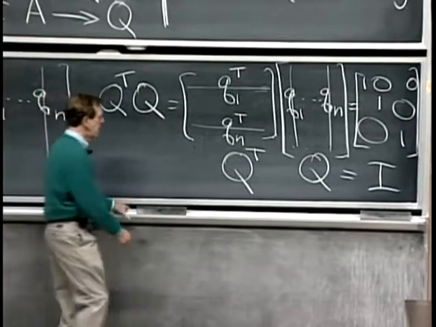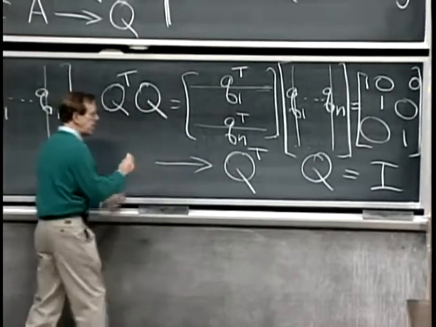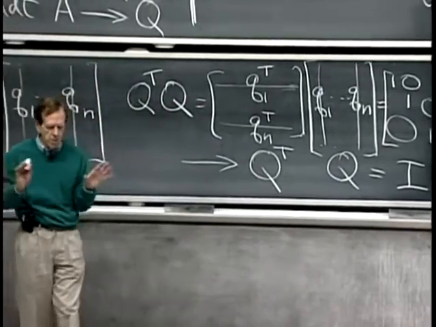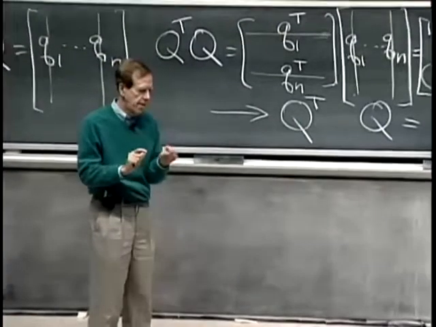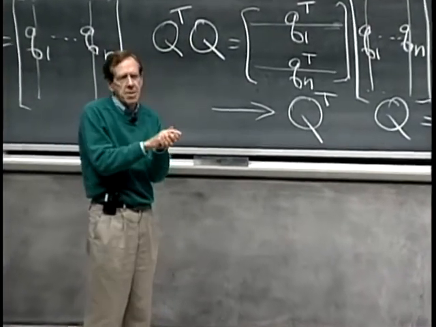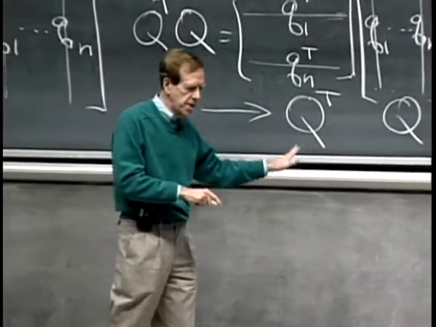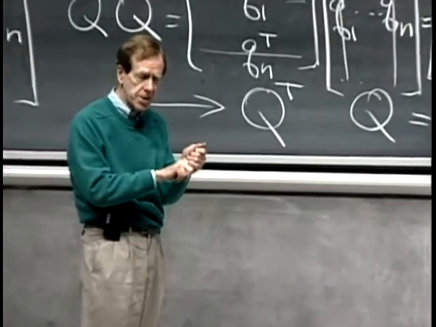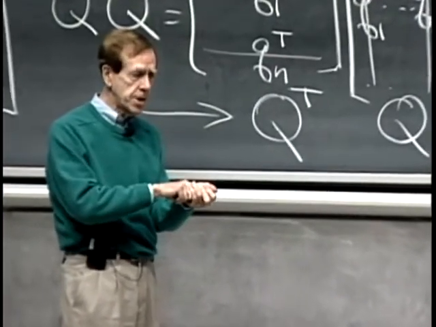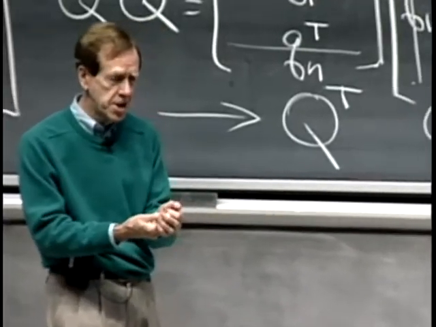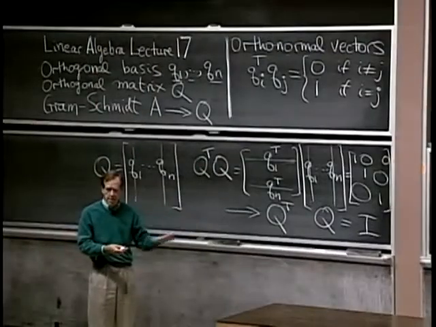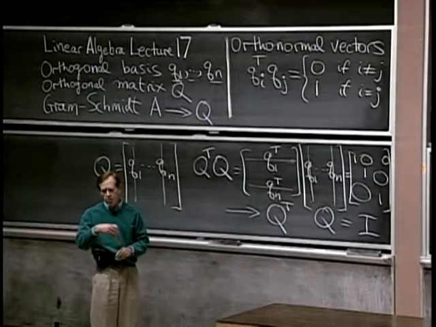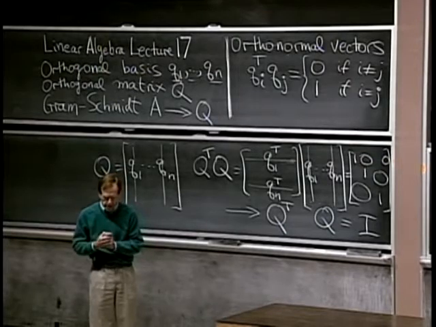Okay, so now we have a new bunch of important matrices. What have we seen previously? We've seen in the distant past, we had triangular matrices, diagonal matrices, permutation matrices. That was early chapters. Then we had row echelon forms.